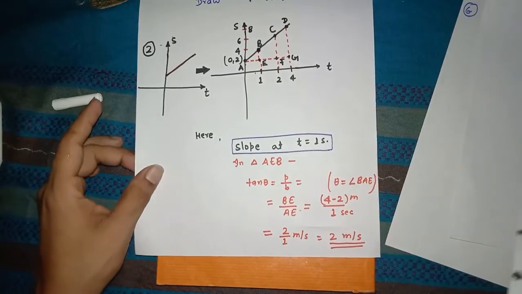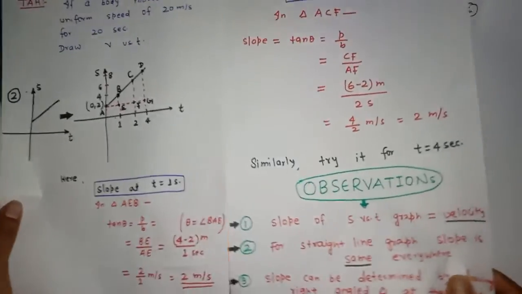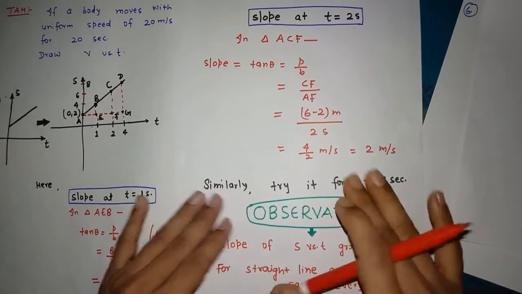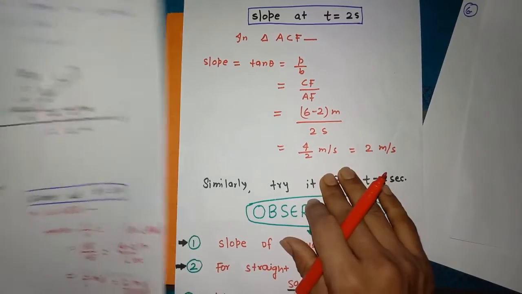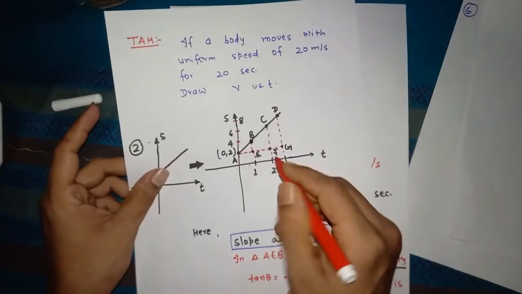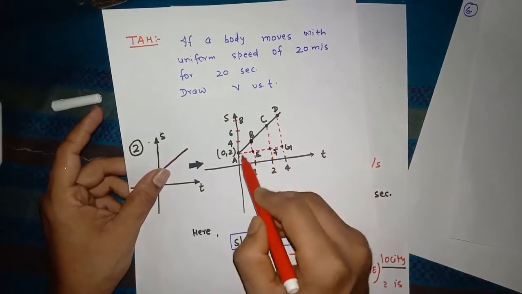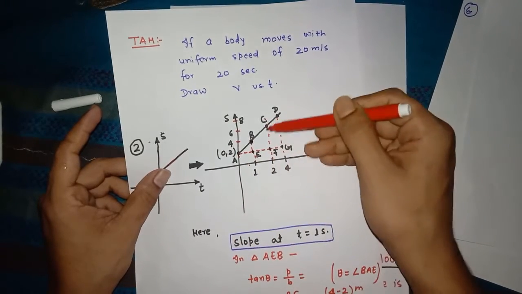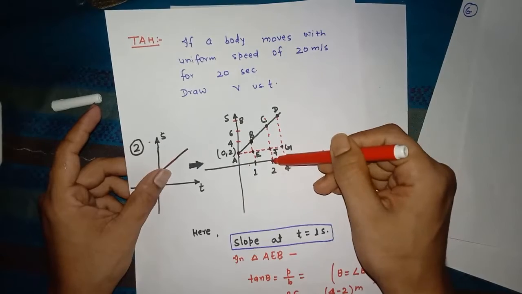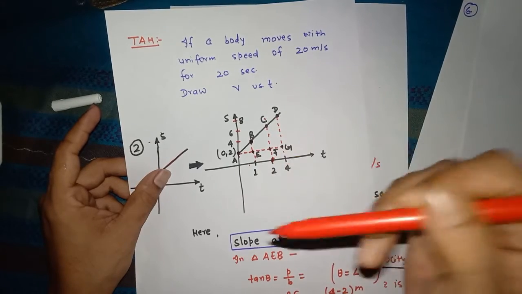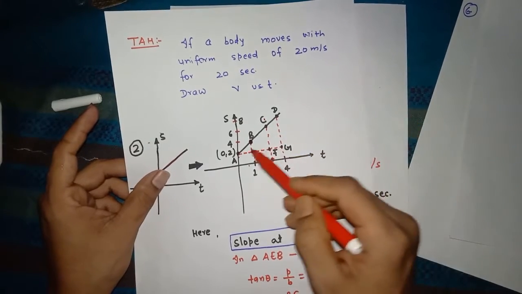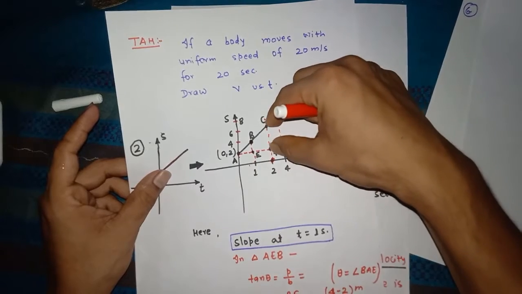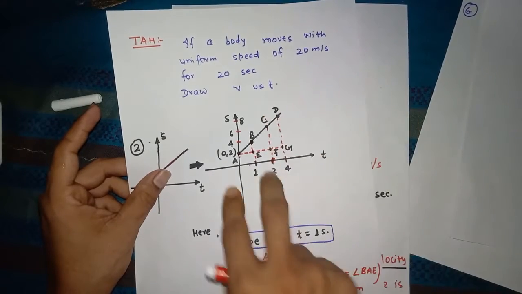Now in the same way, how can you find the slope at t equal to 2 seconds? I have drawn in a similar way, at t equal to 2 seconds, the right angle triangle AFC. So it is a right angle triangle AFC. Here p is FC and b is AF.